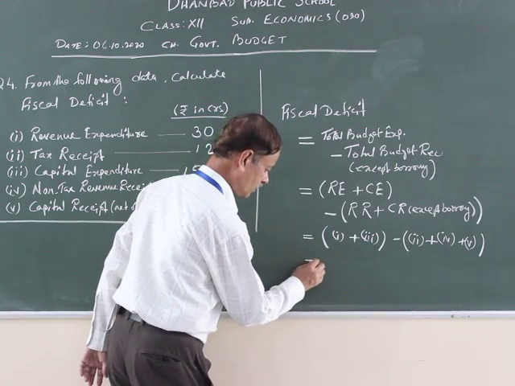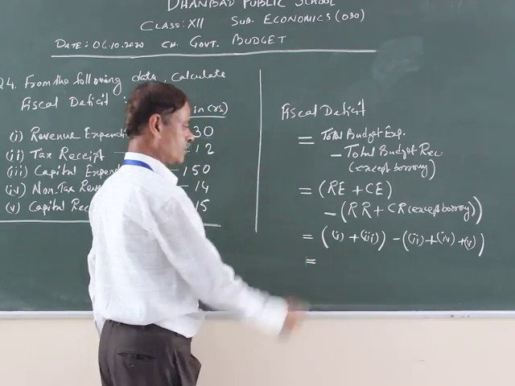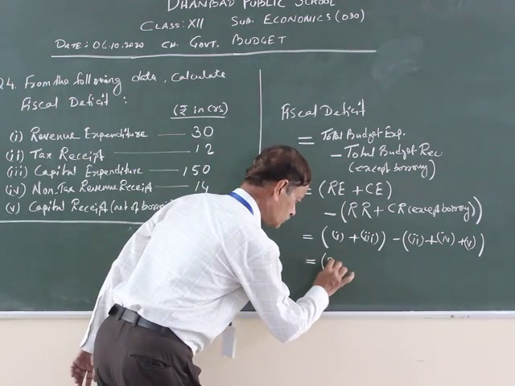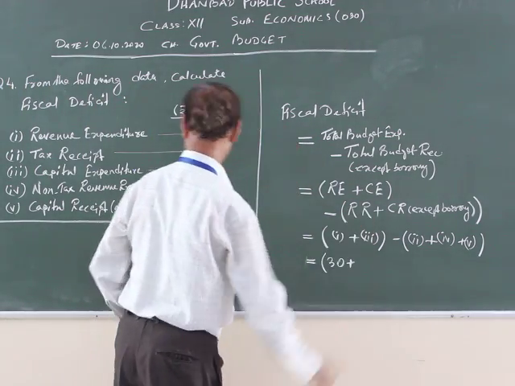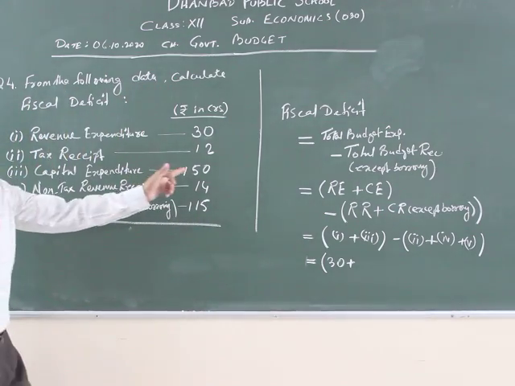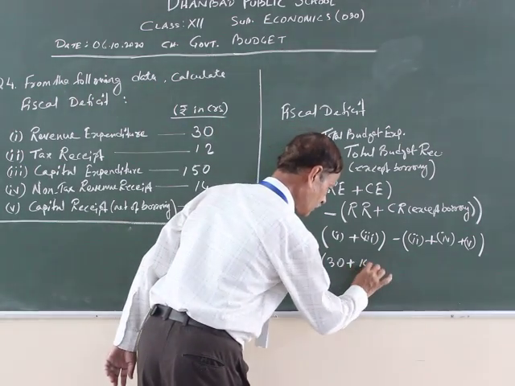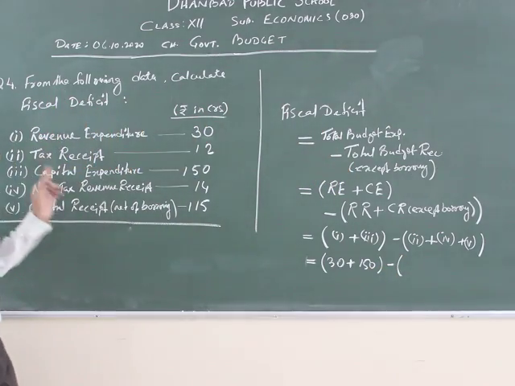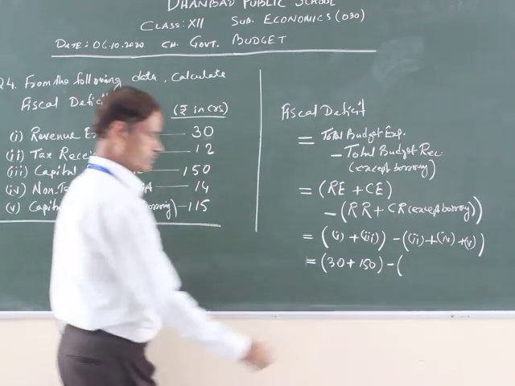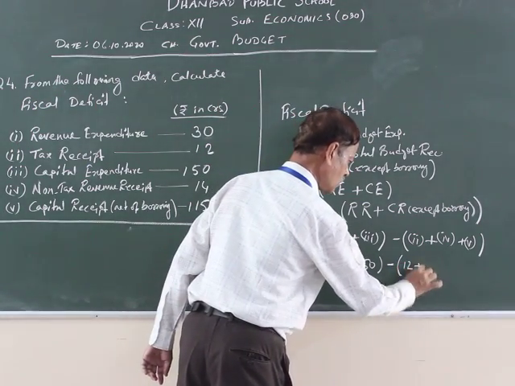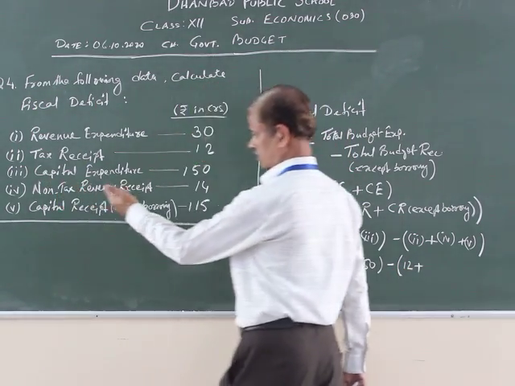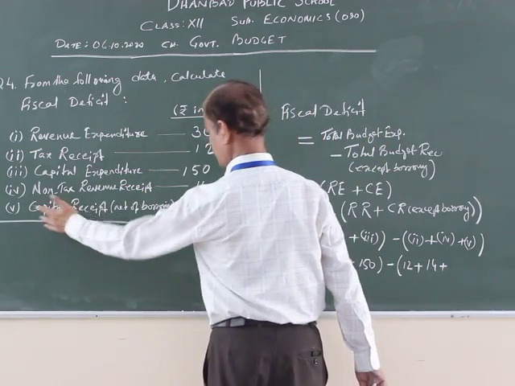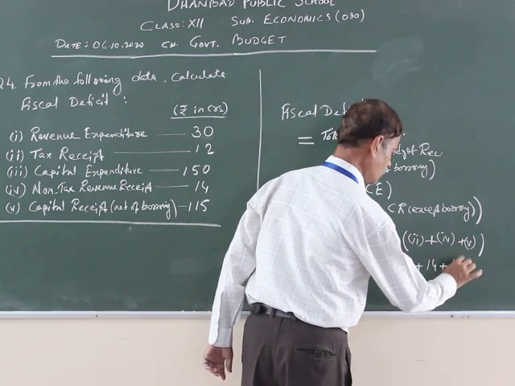Now put the amount. In item number 1, the amount is 30 plus item number 3, amount is 150. Then item number 2, the tax receipt, which is 12, plus item number 4, 14, plus item number 5, 150.